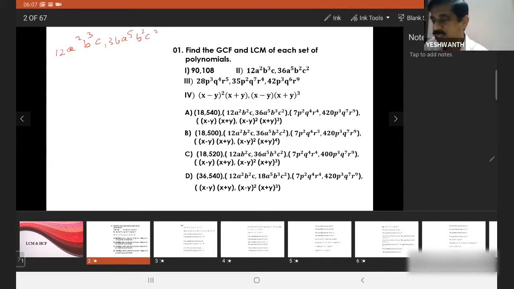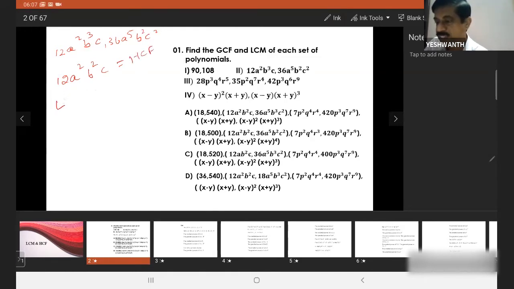For this, the common number between these two is 12a square b square c. So that is your HCF.